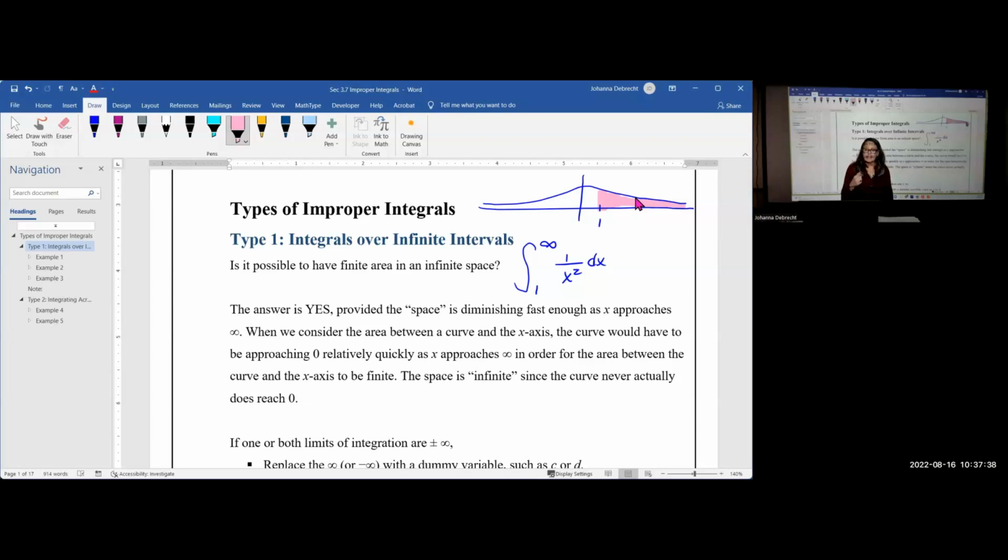But in essence, that's an infinite space. You see that? That's an infinite space because this curve never touches the x-axis. There's always some space there. It's getting smaller and smaller, but there's space. Well, the question is, even though the region itself is in some sense infinite, does it have a finite amount of area?